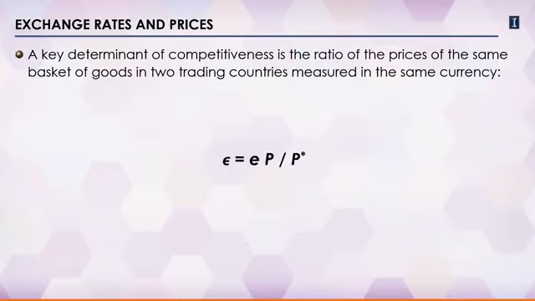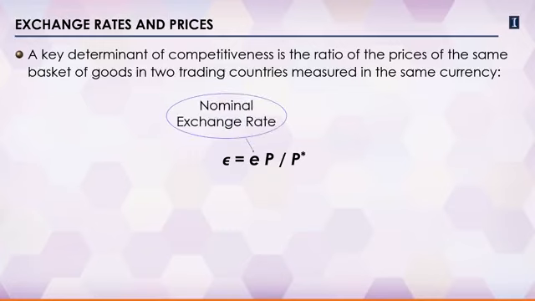So if I want to compare competitiveness of American producers with German producers, what I need to do is to figure out what the price of American goods are in euros and then compare them with the euro price of German cars. Here's an equation that specifies this relationship. Epsilon, which I have shown here on the left-hand side, is what we call the real exchange rate.